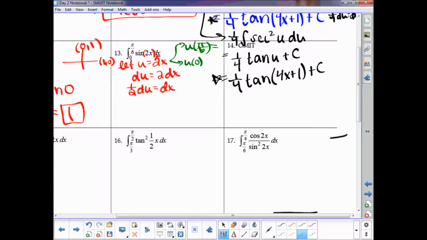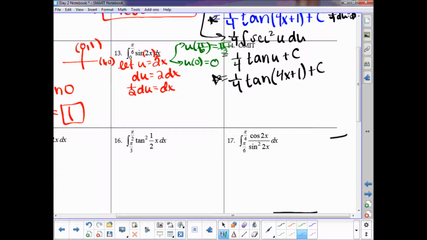When I take pi over 6 and put it in, 2 times pi over 6, what's that give me? Good, pi over 3. And then when I take 0 and put it in, we just get back 0.